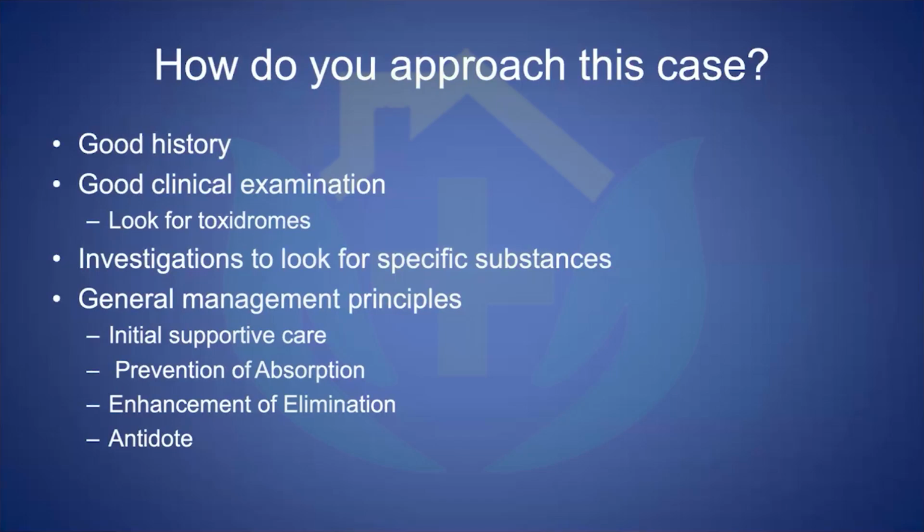So a good history is very important: when the poison was taken, and whether this poison is on the clothes or not, because it can go inside by three routes: skin absorption, dermal absorption, inhalation, and ingestion.